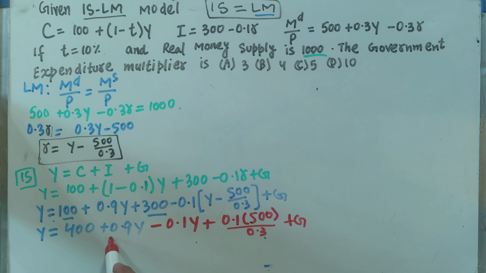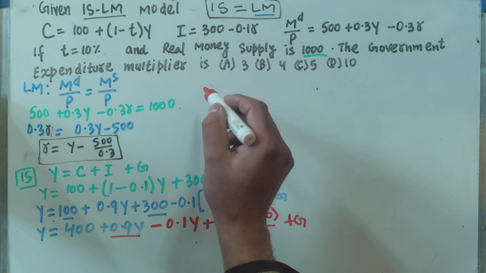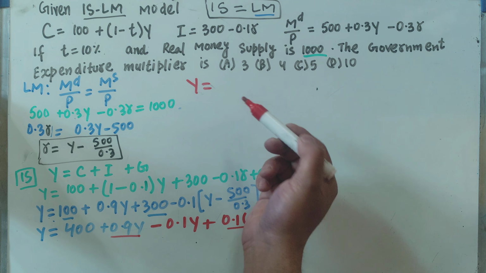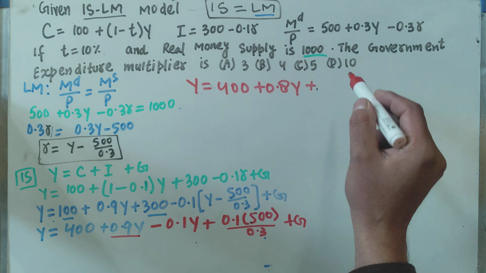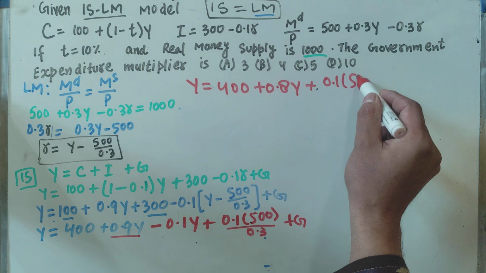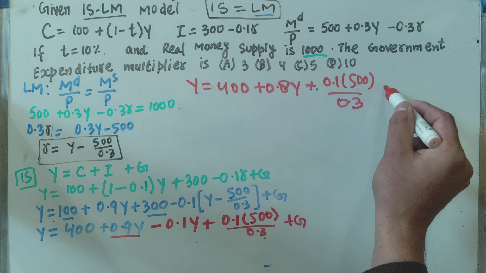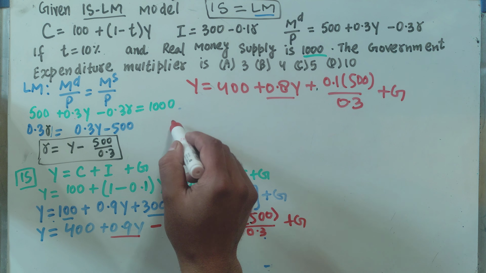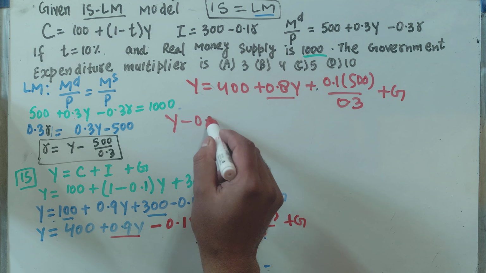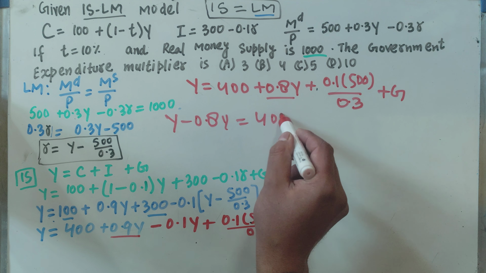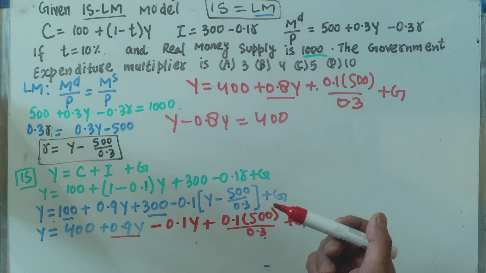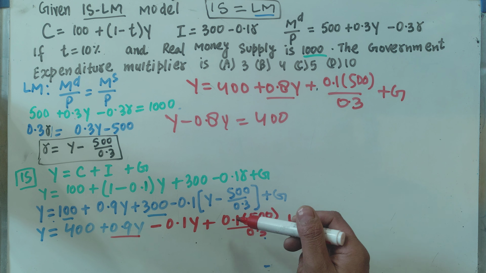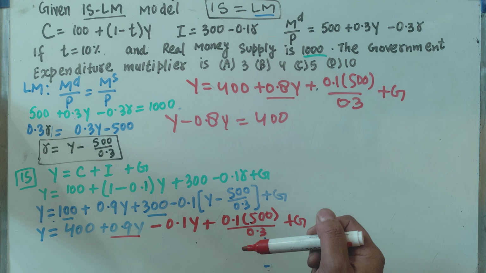Okay, so we have 0.9Y minus 0.1Y, which is 0.8Y. So Y is equal to 400 plus 0.8Y plus this term, 0.1 times 500 divided by 0.3, plus G. Transposing it, it gets subtracted. Let me see if I have done it correctly.